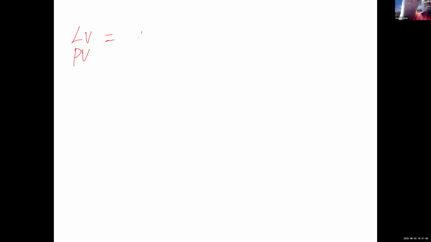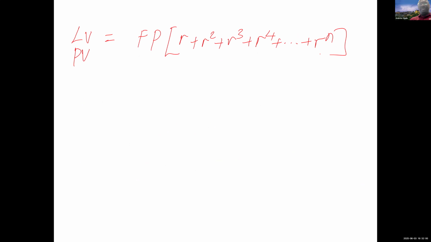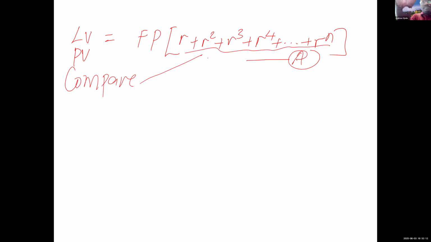We said it was fixed payment inside R plus R squared plus R to the power 3 plus R to the power 4, going up to R to the power n. Remember, we called that equation A earlier on. Now, I want you to compare what is in the bracket here with the formula that we just calculated.